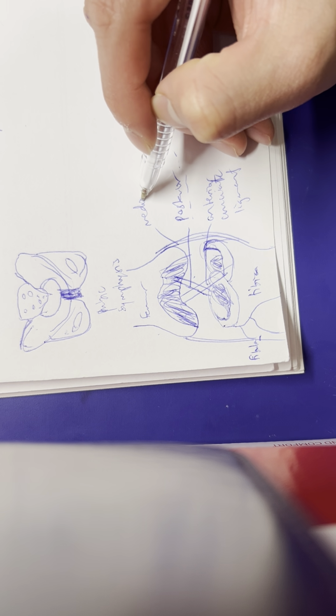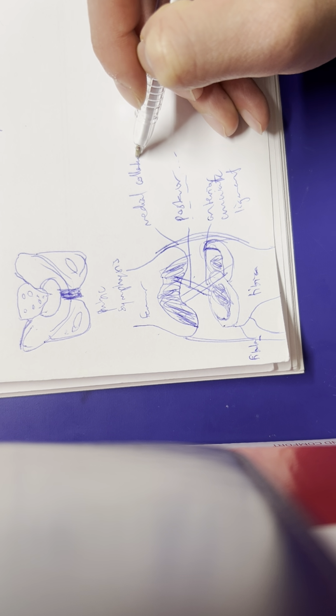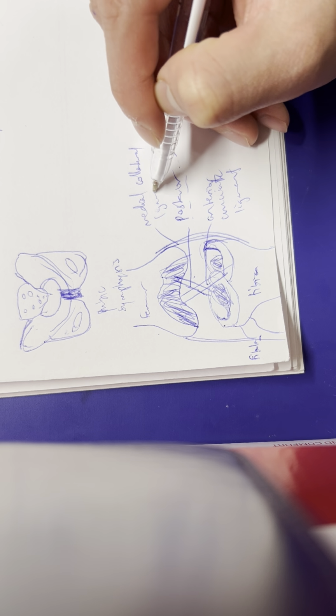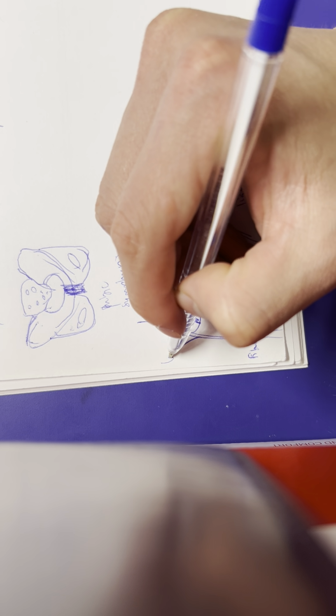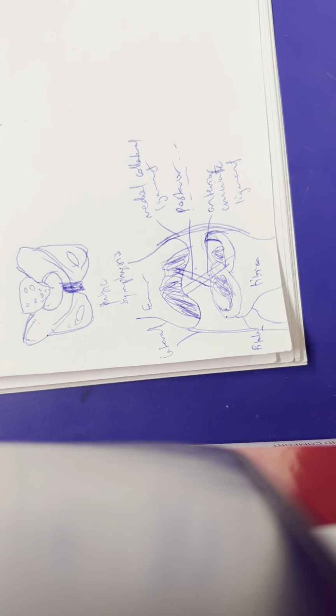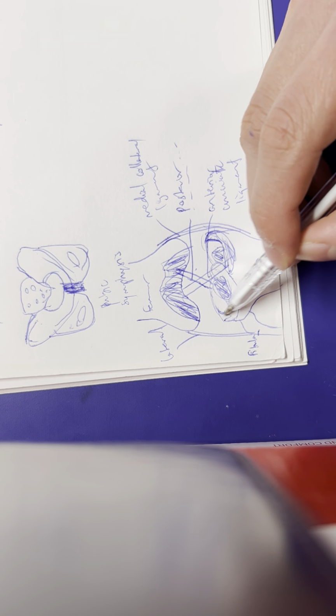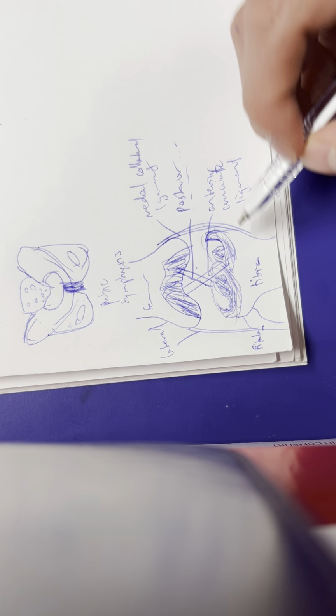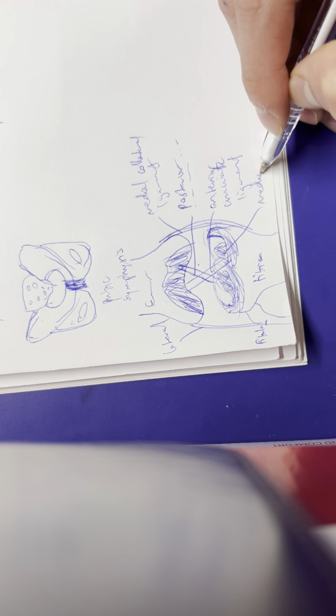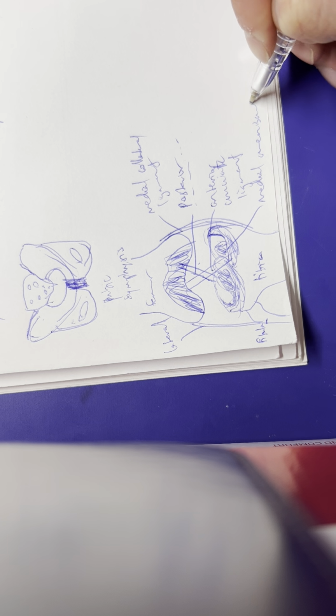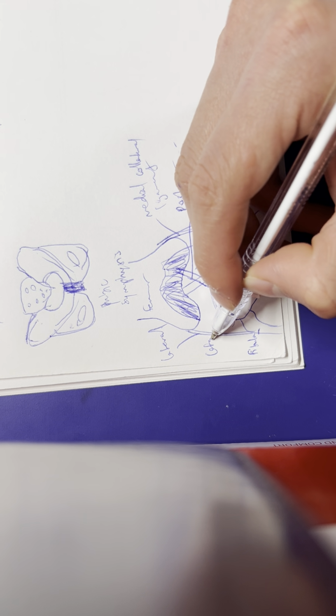Here you've got your medial collateral ligament, and here you've got your lateral collateral ligament. Those are the 4 main types of ligaments you have to learn. You've also got your meniscus, or menisci. This is your medial meniscus, and here is your lateral meniscus.